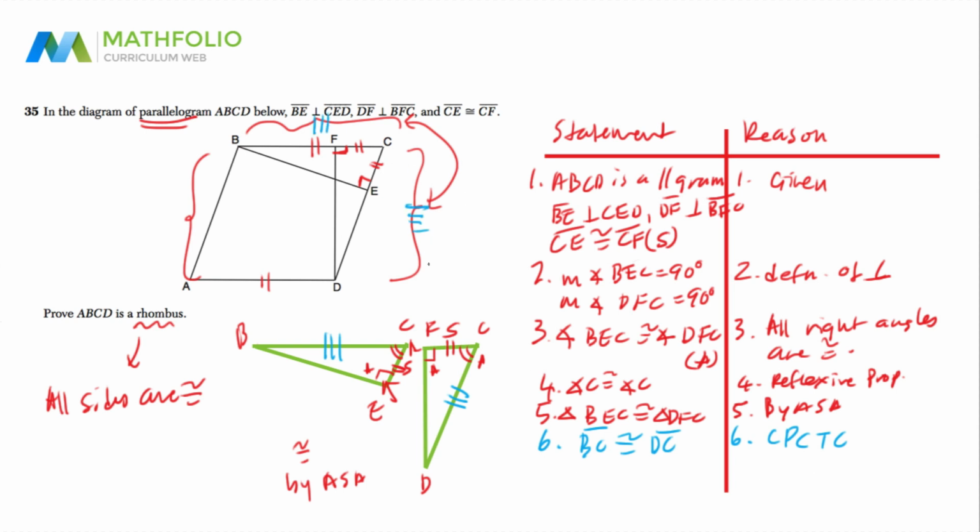So now that we know that BC and DC are the same, we can go to our final step, which is really to say that ABCD is a rhombus, and the reason for that is that consecutive, meaning one after the other, consecutive sides of a parallelogram being congruent mean it is a rhombus.